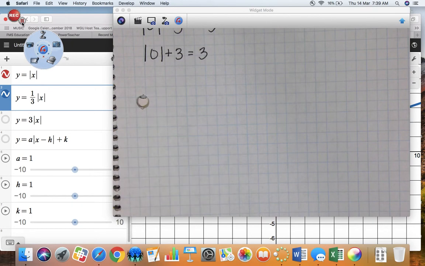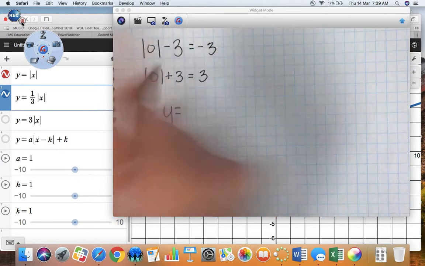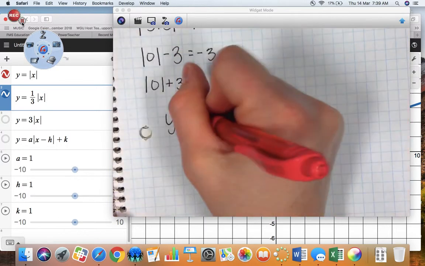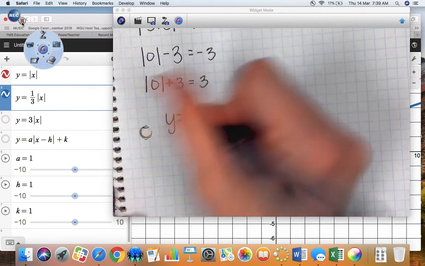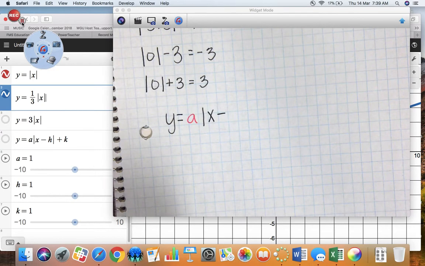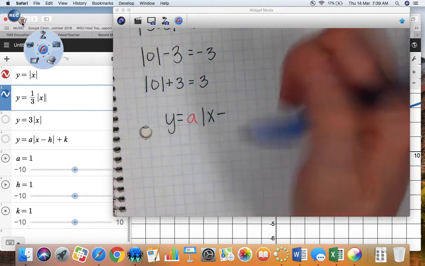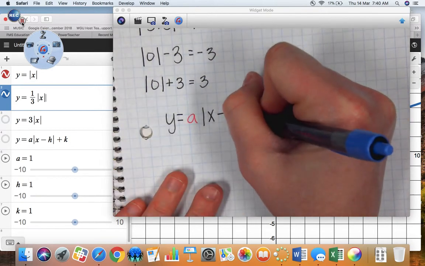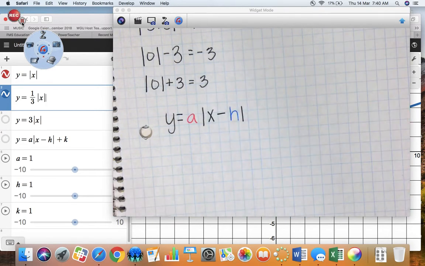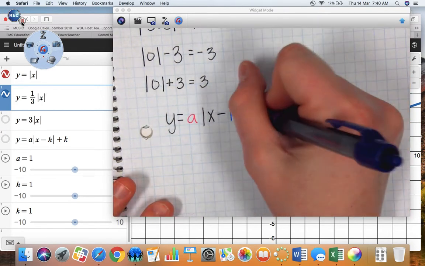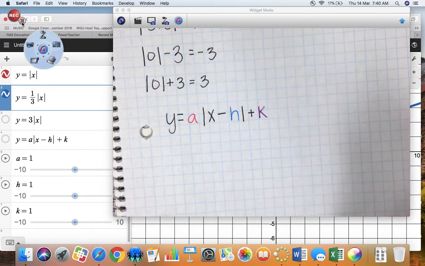All right, and so notice that was in the A spot. Okay, so then I'm going to write out that equation, y equals a times the absolute value of x minus h, plus k.